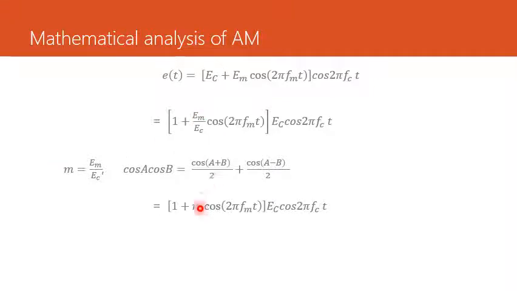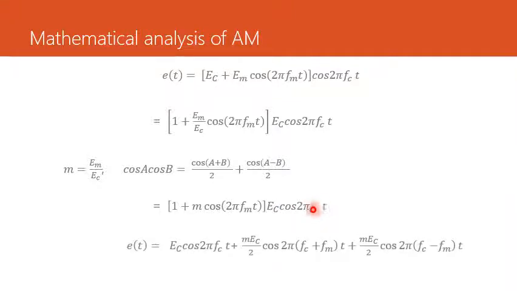So the equation becomes Ec cos 2 pi Fc t plus m Ec by 2 cos 2 pi (Fc plus Fm) t plus m Ec by 2 cos 2 pi (Fc minus Fm) t.